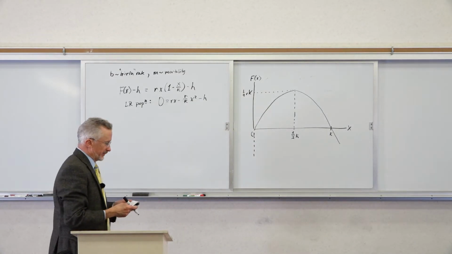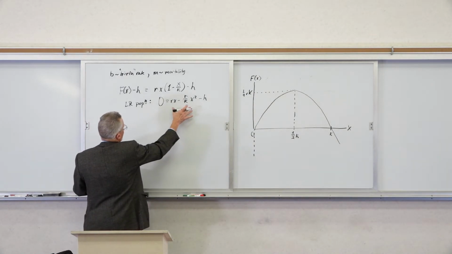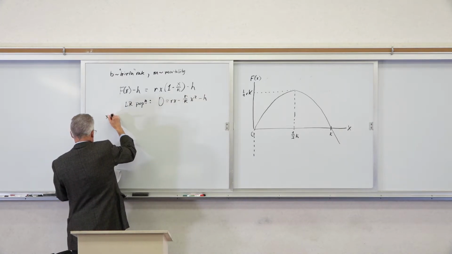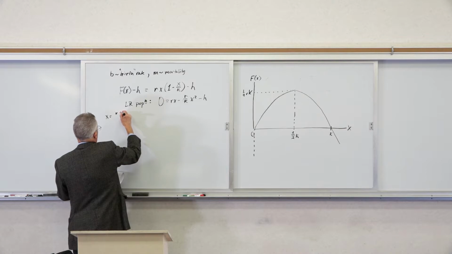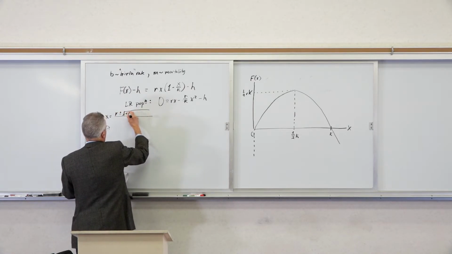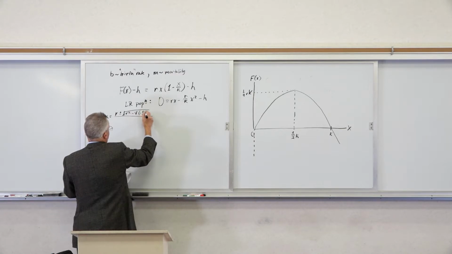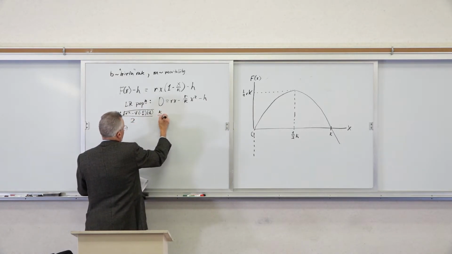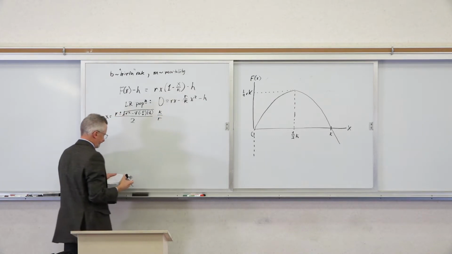Good? So we want to find the roots of this using the quadratic formula, and that comes to x equal to r plus or minus the square root of r squared minus 4, minus rk minus h over 2, and then I pulled these out, over kr.